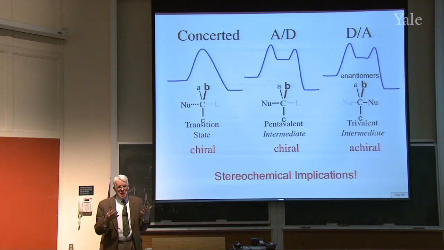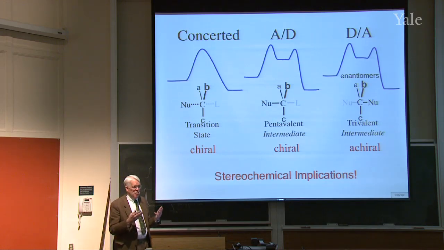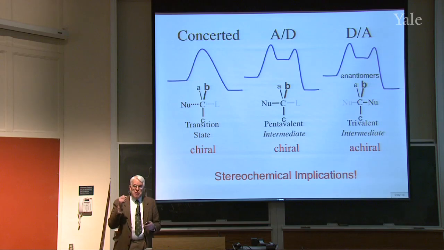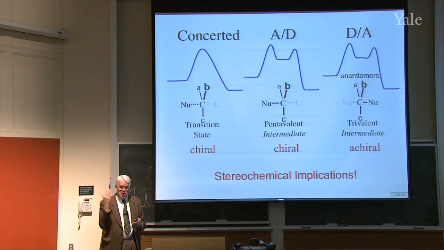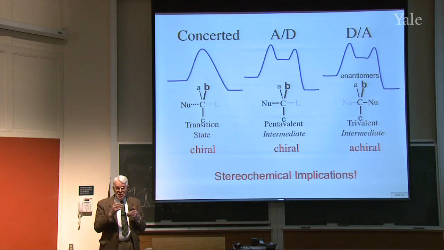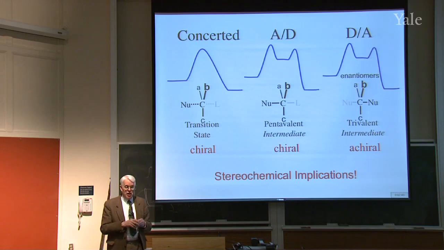I suppose if we want to be complete in our thinking about this, we could also imagine that there would be a front side attack where the nucleophile would come in on the same face that the leaving group is leaving, either in a concerted process or in a process with a pentavalent intermediate where nucleophile and leaving group are on the same side. That's a possibility, which isn't shown here. But whichever it is, whether it's the same side or the opposite side, the first two cases are going to give a single chirality of the product, where the trivalent intermediate will give both.